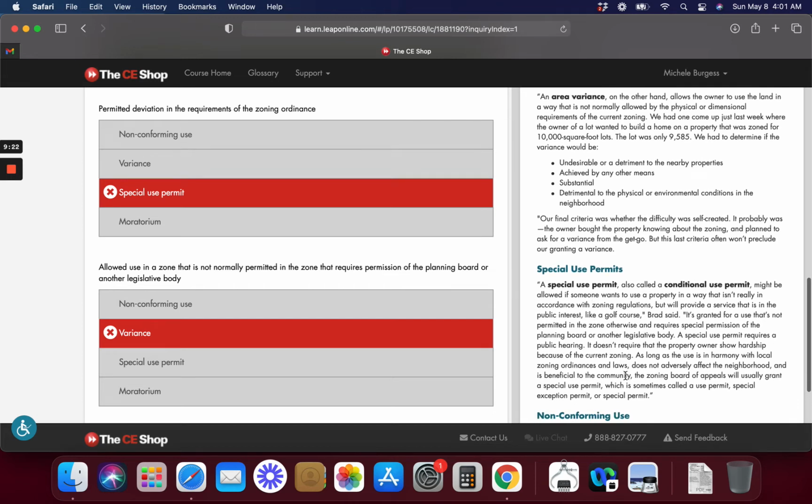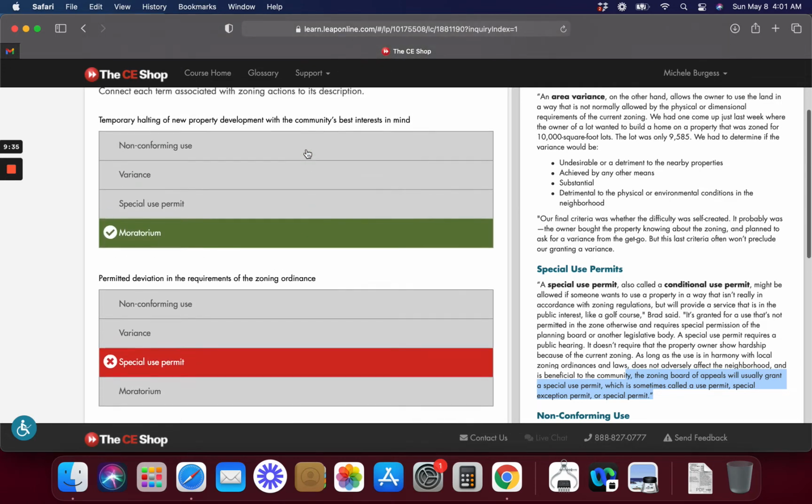Special use usually has to go to the zoning board. Okay, the planning board, zoning board is the special use. That's the difference because it's almost the same exact thing here.